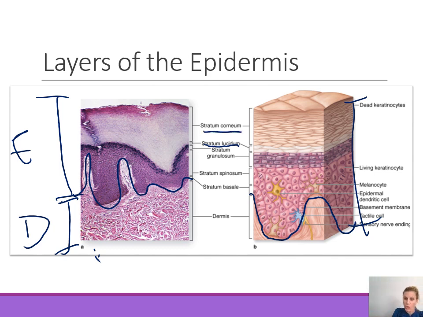Also, the stratum corneum is really, really thick, right? All of this is a bunch of dead skin cells, just sacs filled with keratin, nice, strong, water-resistant protein. If this was thin skin, it would only be to like right here, right? So that's like 3 or 4 times as thick in thick skin.